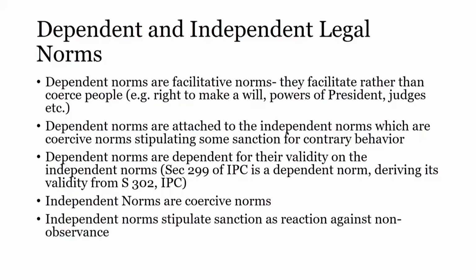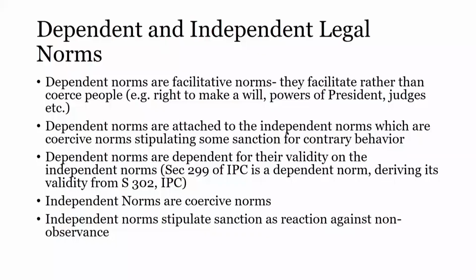So, the validity of dependent norms is checked on the basis of independent norms, or otherwise, dependent norms derive their validity from independent norms. Like section 299, now it has been changed, but the earlier section 299 of IPC was a dependent norm because it derived its validity from section 302 of the IPC. As I told you, independent norms are coercive norms and independent norms stipulate sanction as reaction against non-observance.